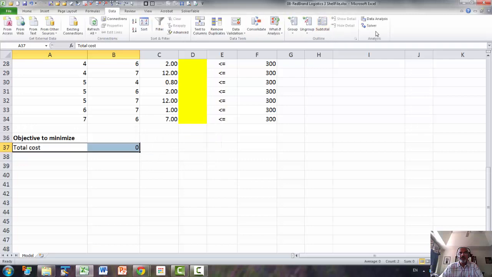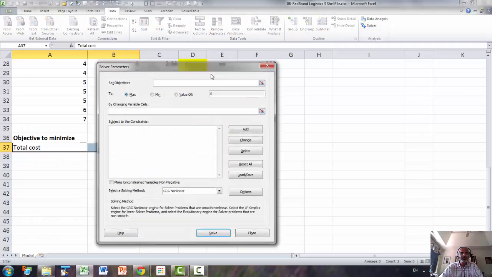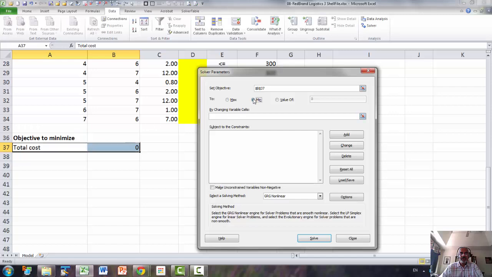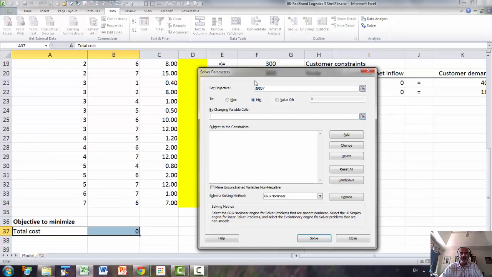So now we are ready to run solver. Total cost needs to be minimized.